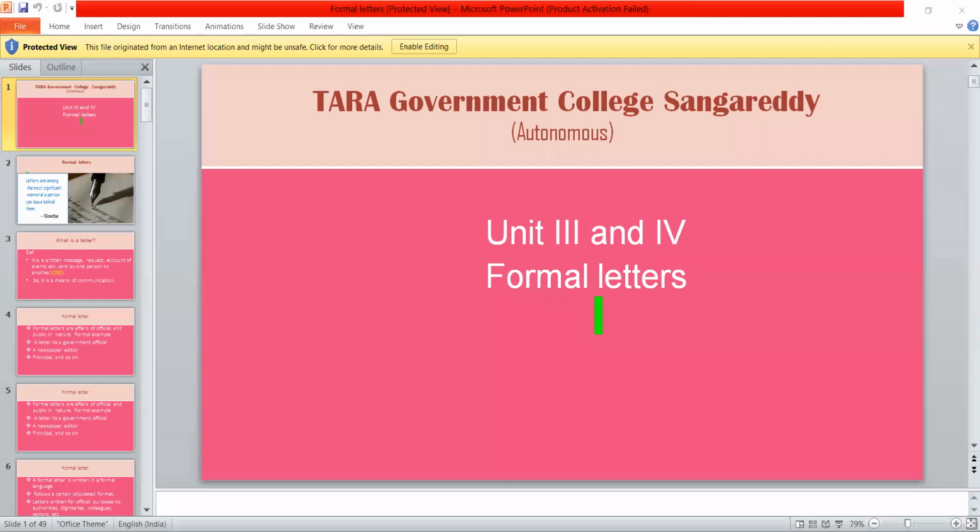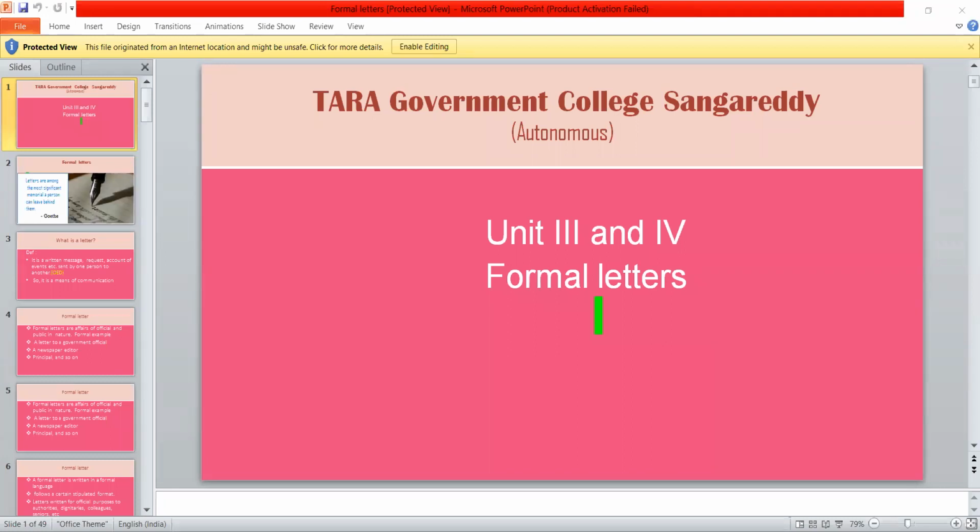So official letters are those written to government officials and newspaper editors. If you wish to be in the field of journalism or writing, you can write a letter to a newspaper editor, and to the principal of the college here and there for different issues and purposes.